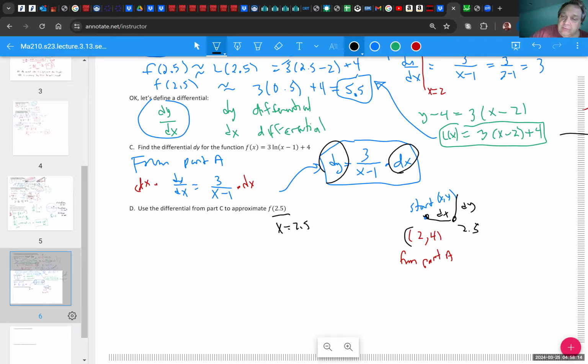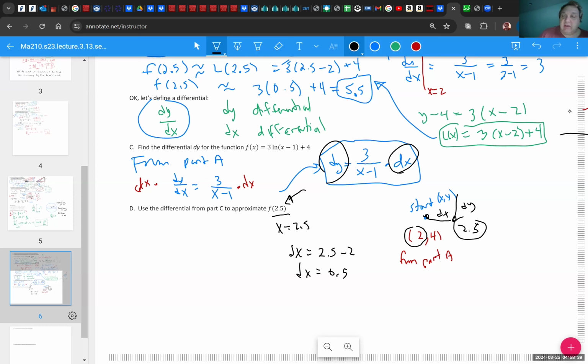We started from an x value of 2 and went to 2.5, because that's the value we're looking at. So our dx is equal to 2.5 minus 2, or 0.5. Our nudge in the x direction is 0.5.